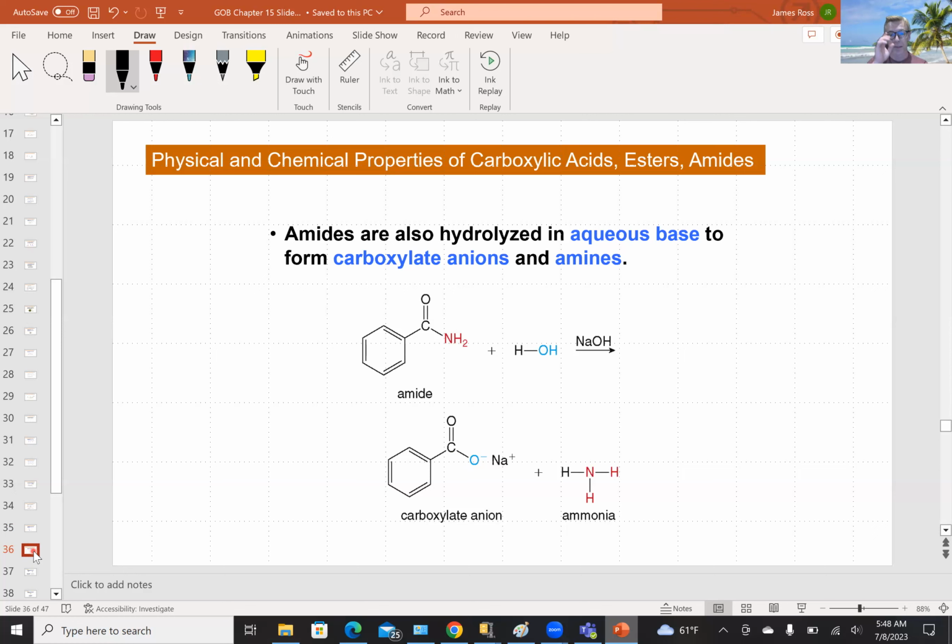So here's another specific example where an amide is being added to water and it's converted into a carboxylate anion with the base ammonia. So these are examples of acid-base reactions or neutralization reactions.